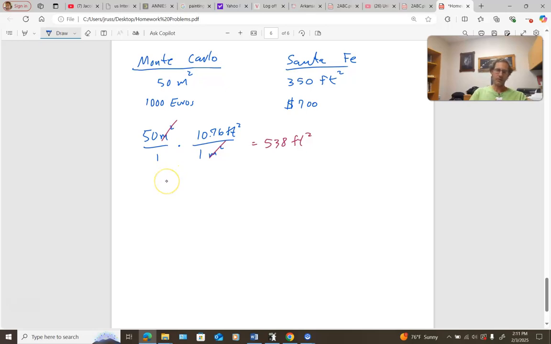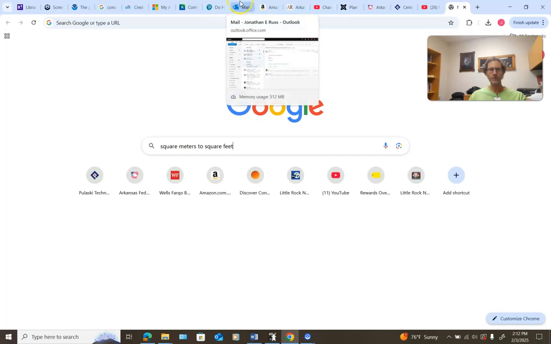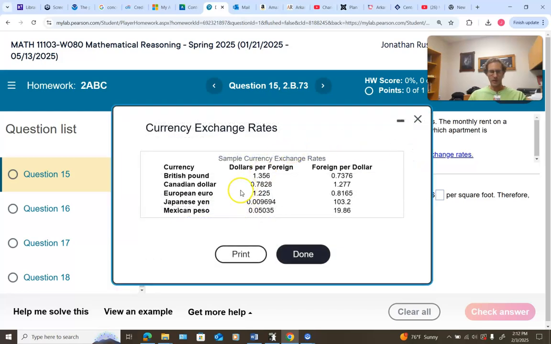So I'm going to start with 1,000 euros and I need another conversion factor. So now I am going to look at my chart. That's the second one here, the exchange rate. You've got to remember how to read this.